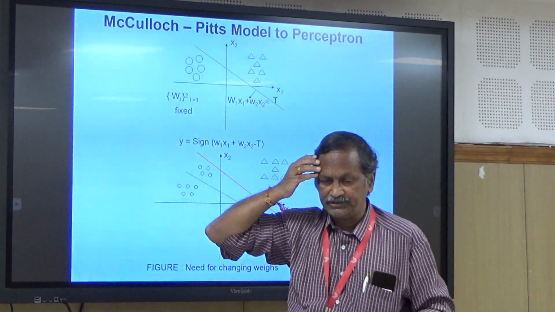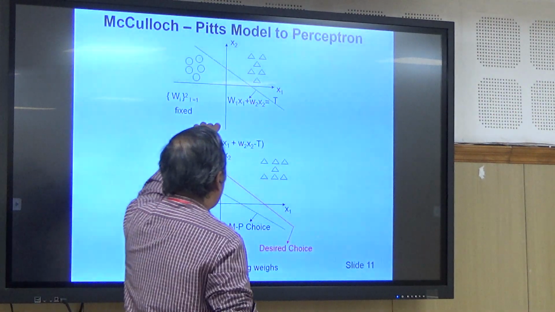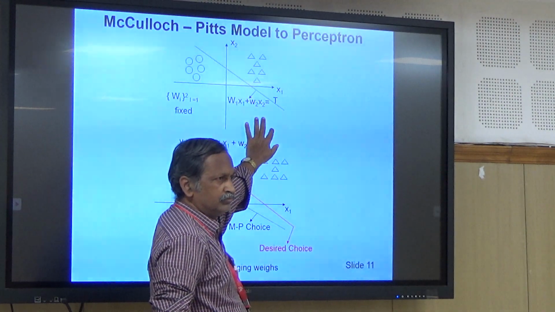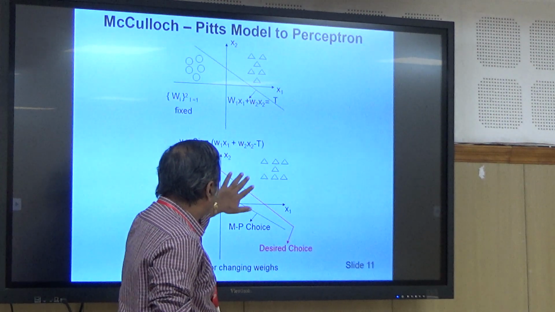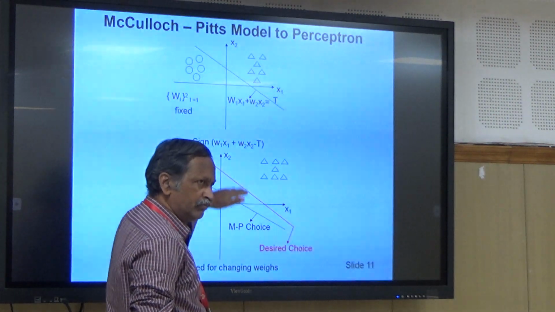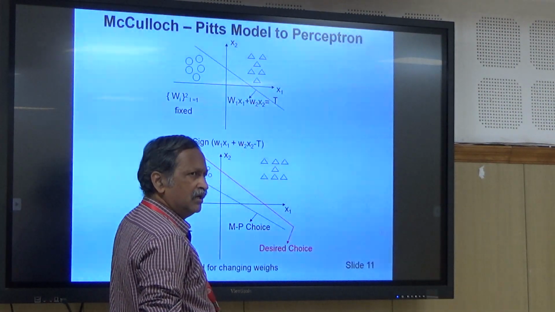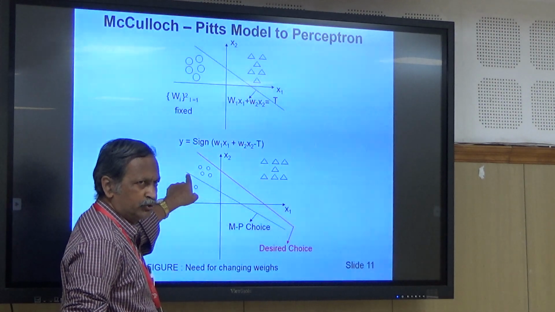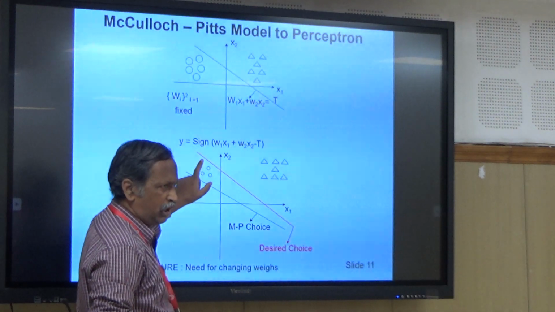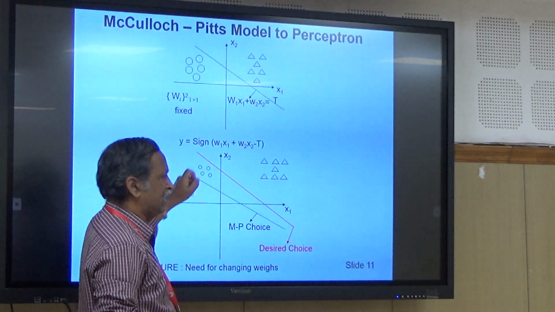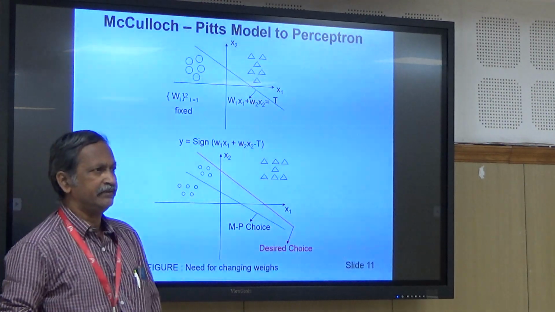So now comes the question. Suppose we initially choose W1 and W2. Let's go back to the second diagram. Suppose initially we choose the weights W1 and W2 to correspond to this line, and our goal is to classify triangles and circles correctly. Will this line do the job correctly?